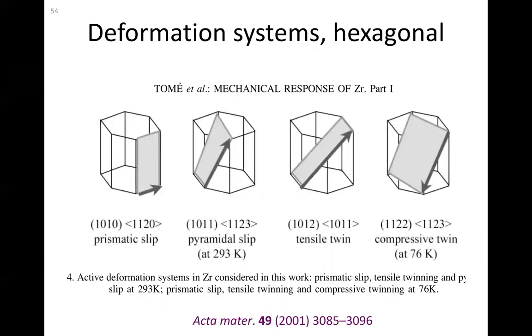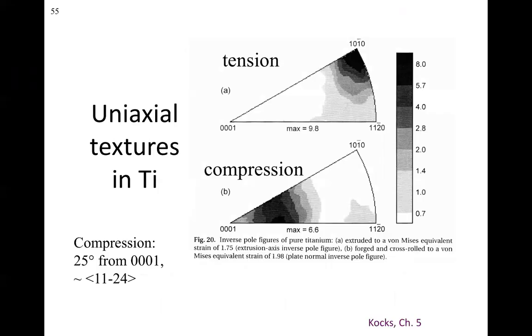Hexagonal metals, because of the various slip and twinning systems and the huge heterogeneity in resolved shear stresses, we get very different behavior. You can see under uniaxial in titanium, right, we get prism type orientations that are favored.